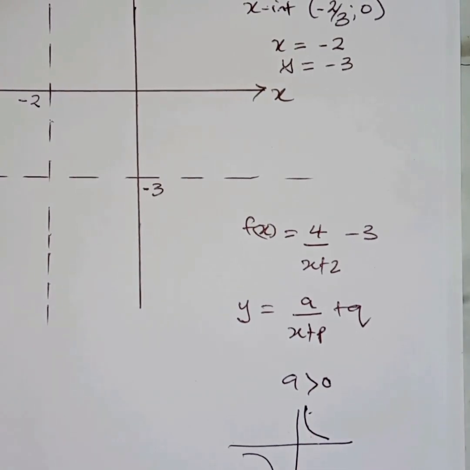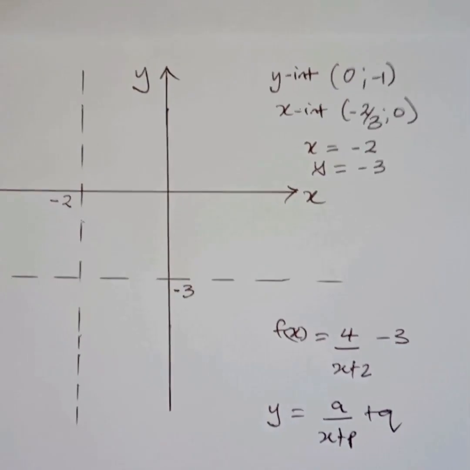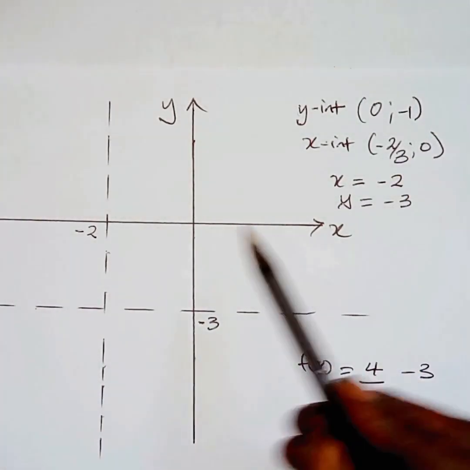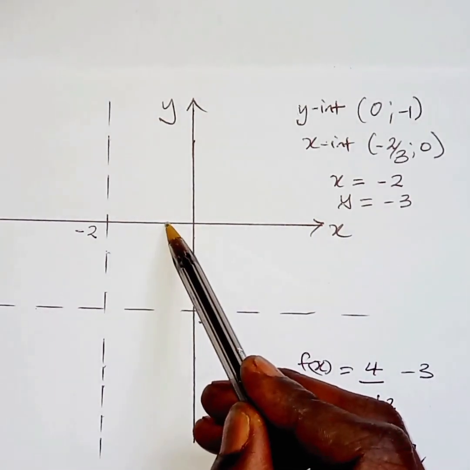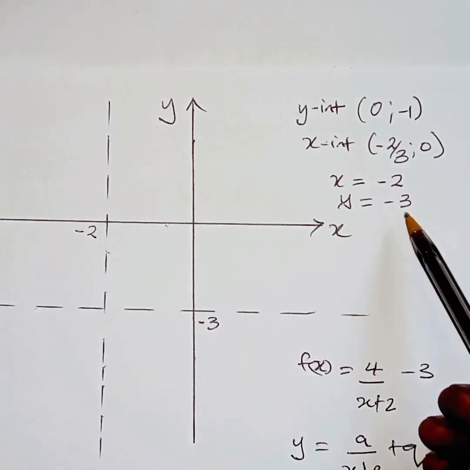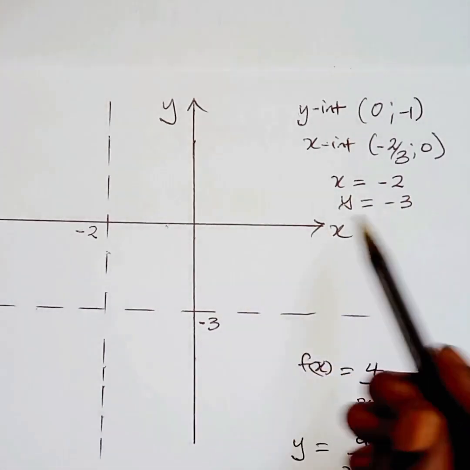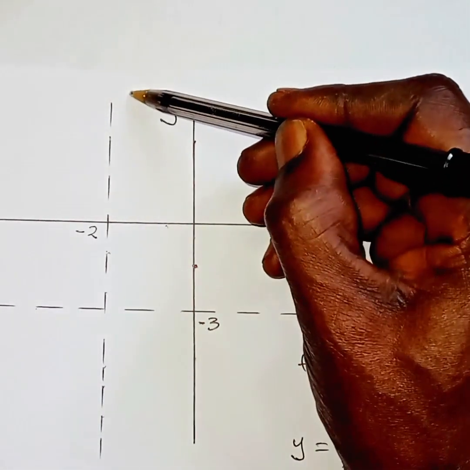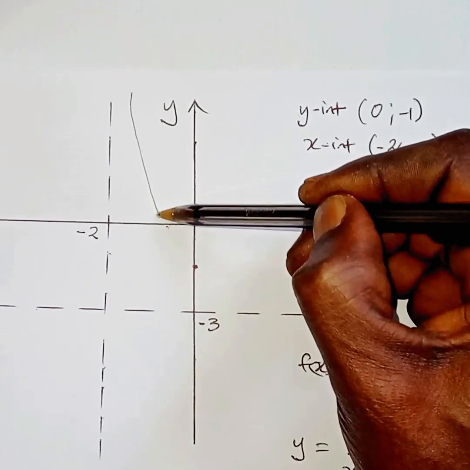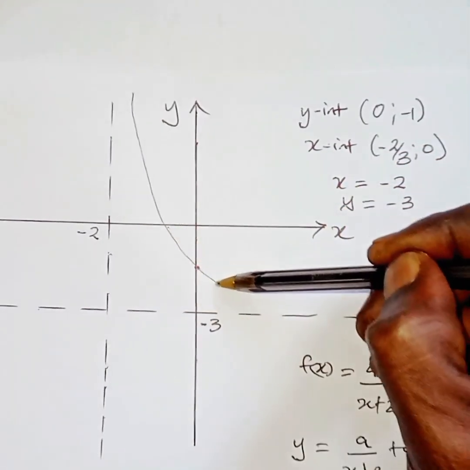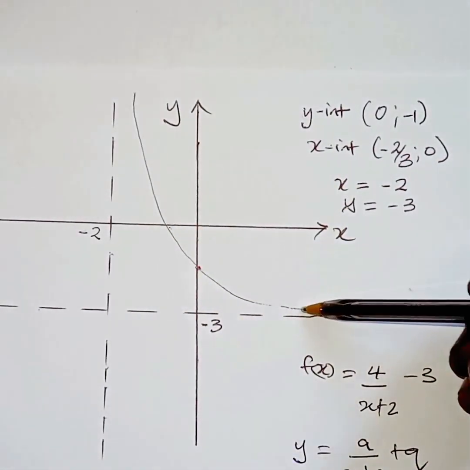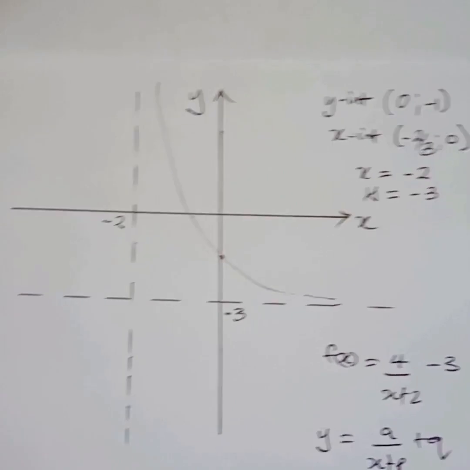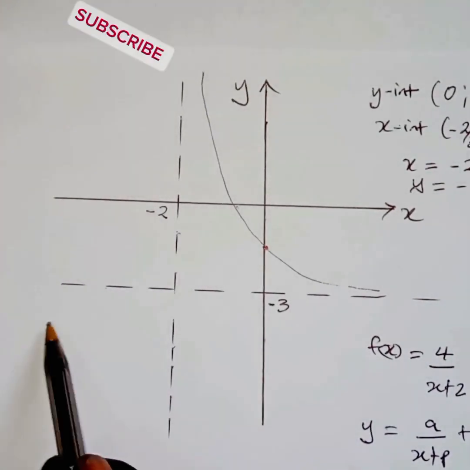Now, we are going to have the x-intercept at -2/3. So it's going to be somewhere around here. And the y-intercept is at (0, -1), somewhere there. All right. So now we draw our graph. It's going to pass through those points, the x-intercept and the y-intercept. And on the other side of the graph, we don't have any intercept.